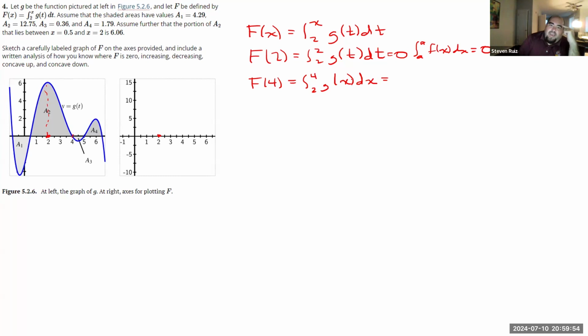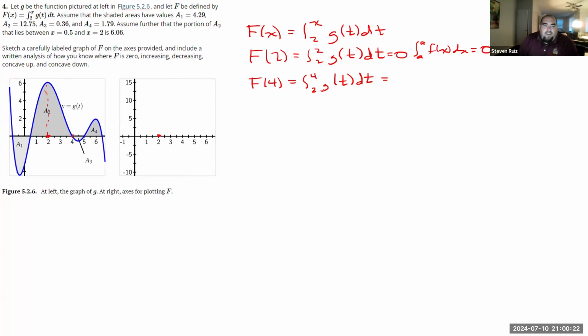We shouldn't also have it as the input to the function g, because g is the function that accumulates, integrating all the values from t equals 2 to t equals 4. It's not important that we use t, it's just important that we don't use x again. We already have the variable x doing something.